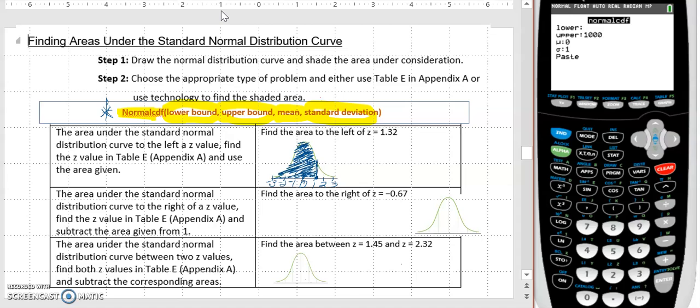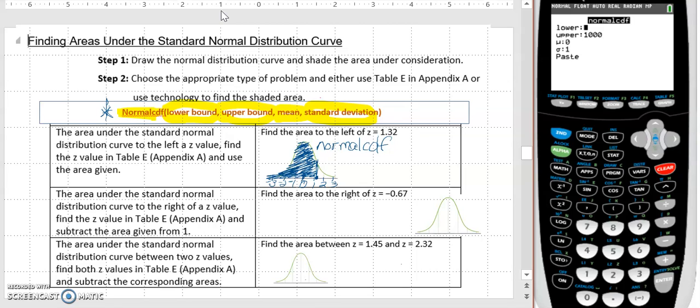So our command looks like this, normal CDF, and our low bound. Well, when I think about this curve, it goes infinitely to the left, and I'm looking at all these numbers out here to the left. So I could choose something like -1 million or -10 million. But usually we just choose a small number.